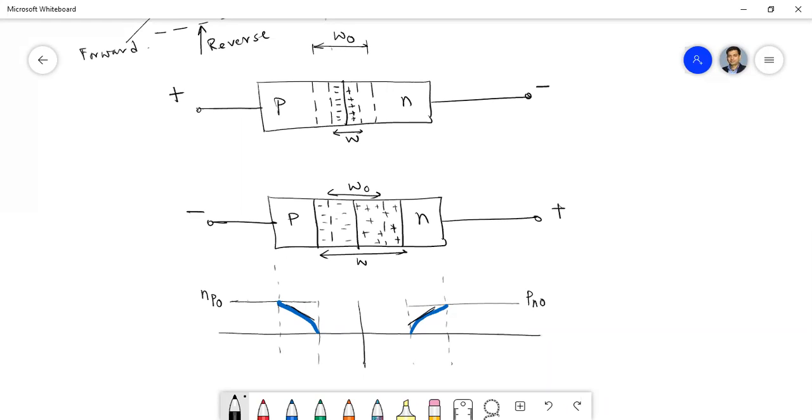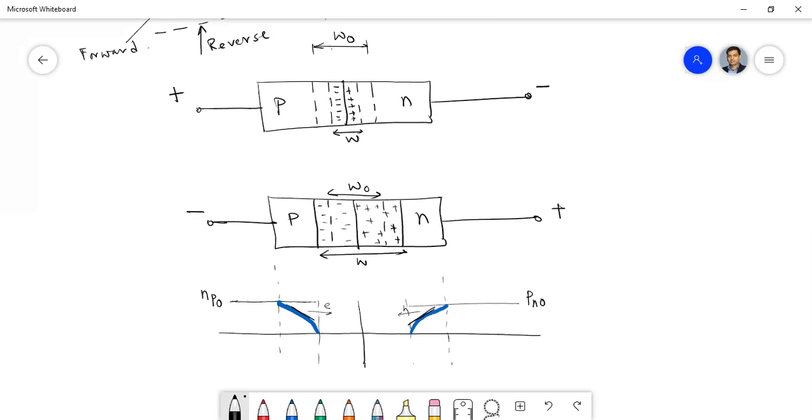Now, when this diffusing carrier reaches the depletion layer, here it is N, so electrons diffuse in this and holes diffuse in this.